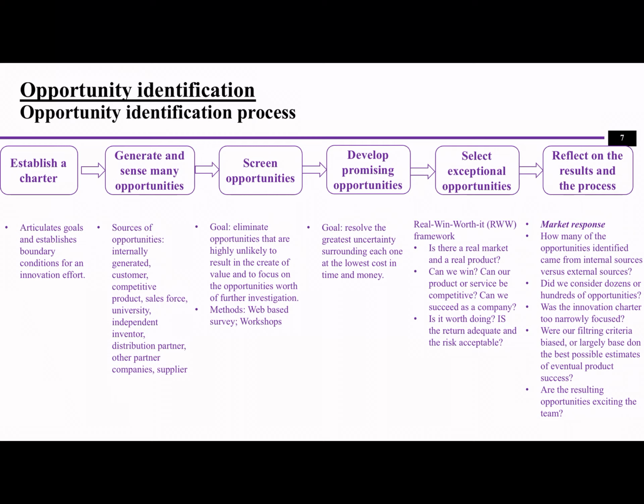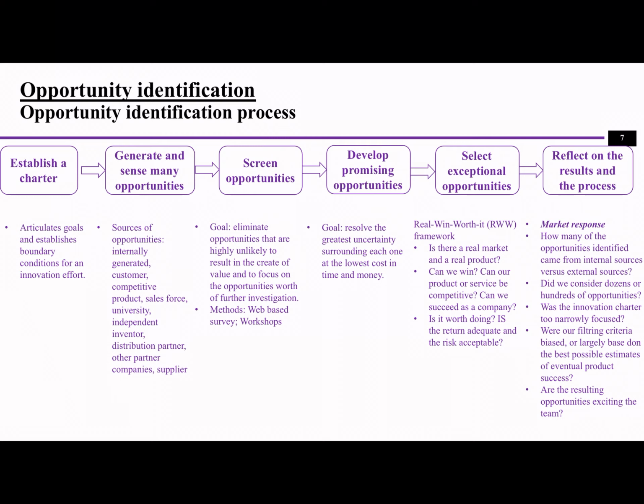Then select exceptional opportunities. This stage is to further narrow down the scope. And the framework is called the real, win, worth it framework. So basically, we ask some questions like, is there a real market and a real product? Can we win?